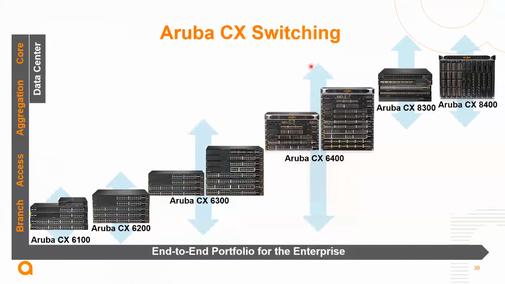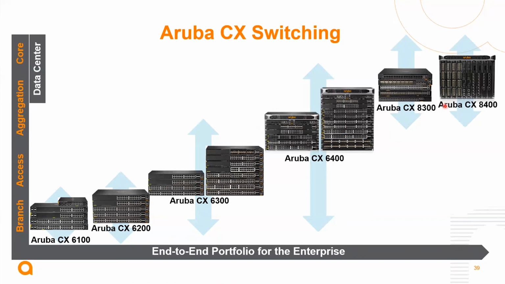This is all of our portfolio for the CX. We have the 6100 going to 6300 for access switches, and for our core switches, we can use the 6400. For our data center, we can use the 8300 and 8400. Some of this may overlap.